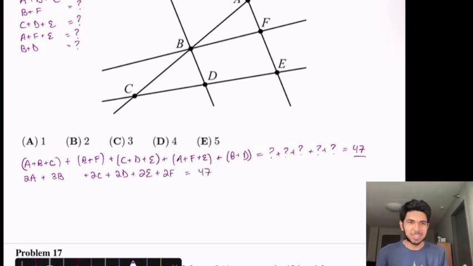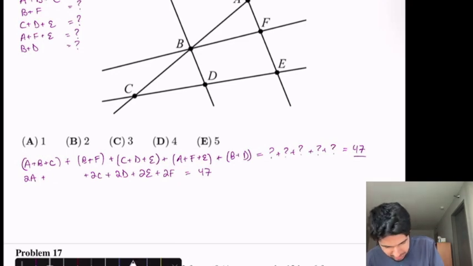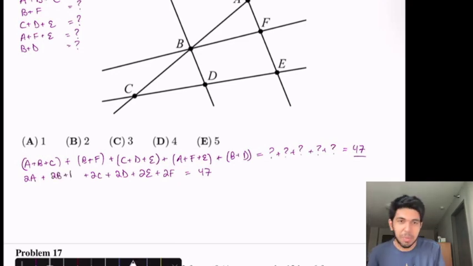So we see a lot of these 2A, 2C, 2D, 2E, 2F, but we don't have 2B. We can create a 2B by splitting 3B into 2B plus B, so why don't we do that? I mean, we don't have a good reason to at the moment, but there's so many 2's, maybe it's a good idea to. And what happens when we see a lot of the same coefficients?